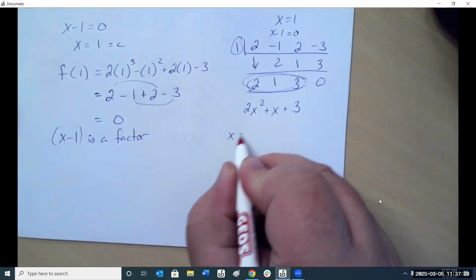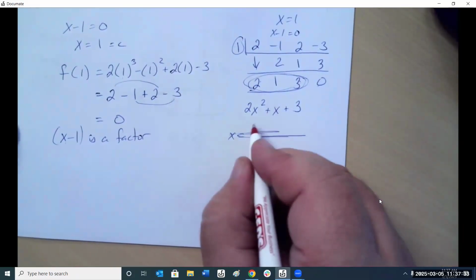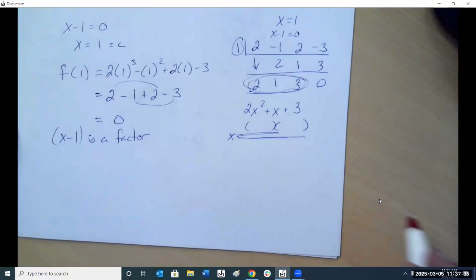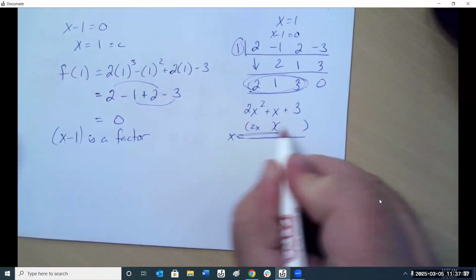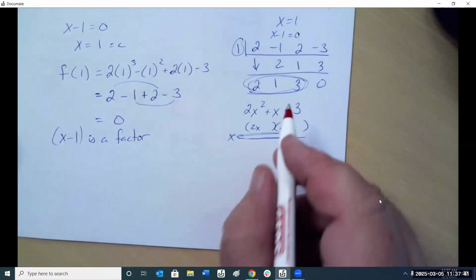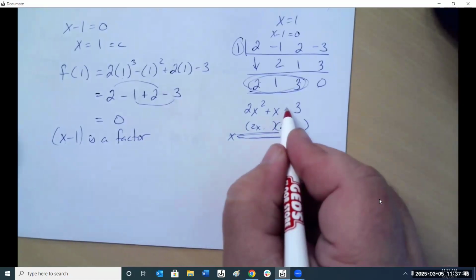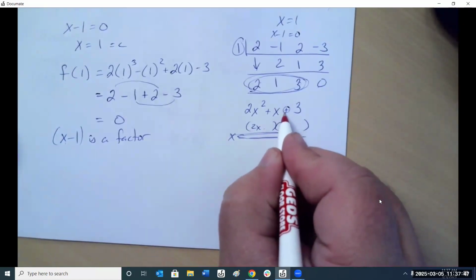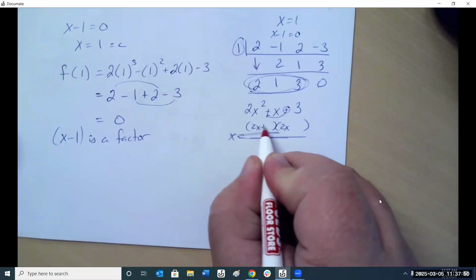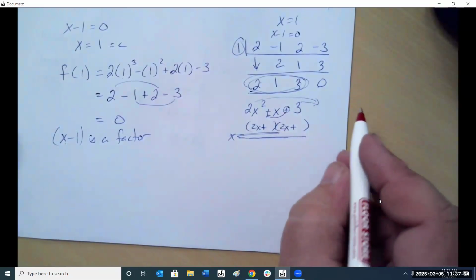So now we can find the other values by trying to factor it. What signs go in there? They're both the same, both going to be positive. So 2 times 3 is 6.